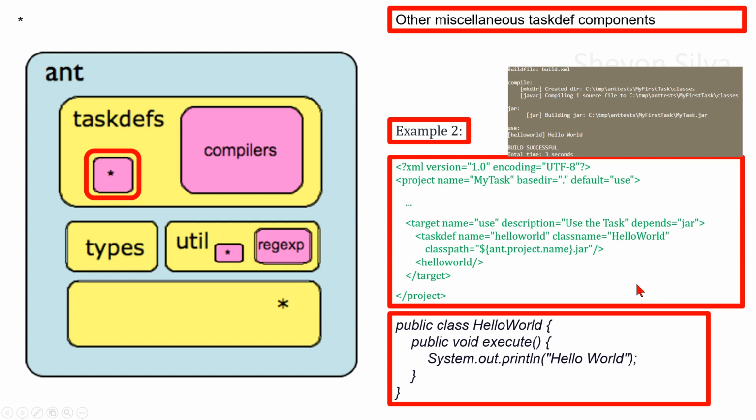Here, the important part is the classpath attribute, which searches in its lib directory for the task, and our task isn't there, so we have to provide the right location.